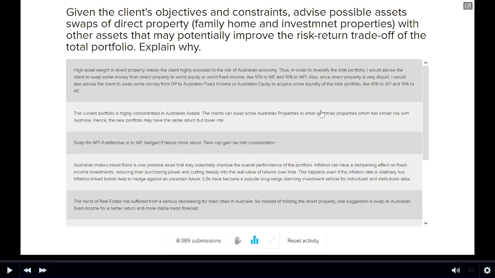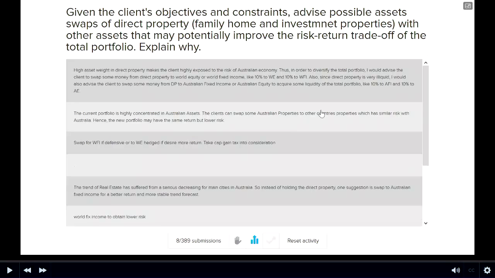In other words, I want you to identify the fundamental risk factors of the existing portfolio and advise the potential asset swaps that will help the client achieve a better risk-return trade-off. Here, risk-return trade-off doesn't mean standard deviation-return trade-off. Instead, it means fundamental risk-return trade-off.